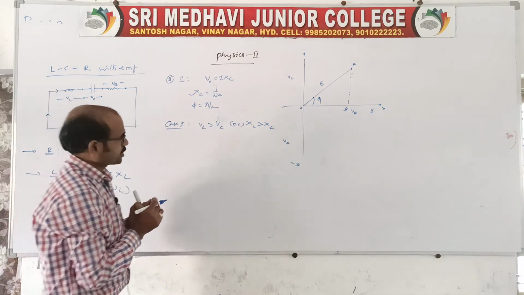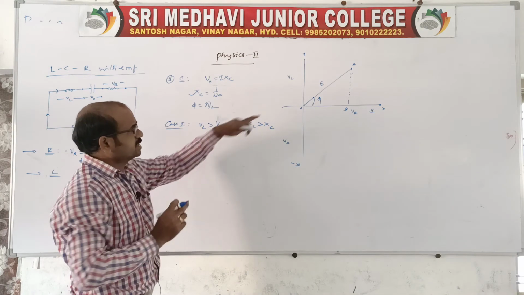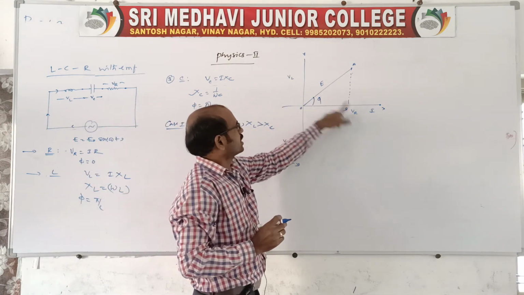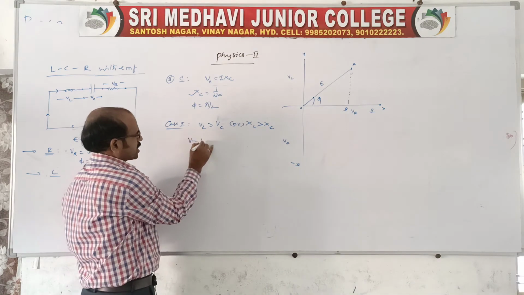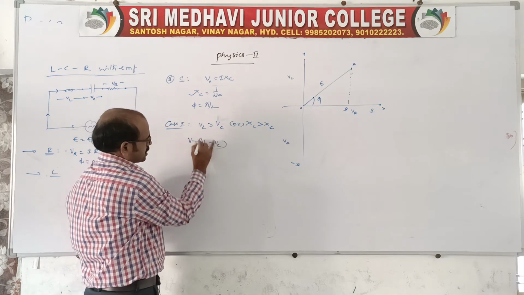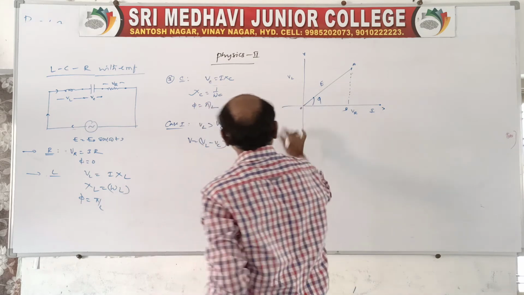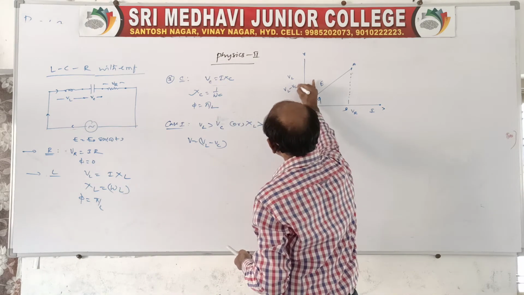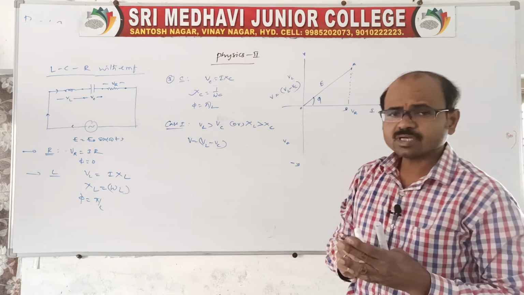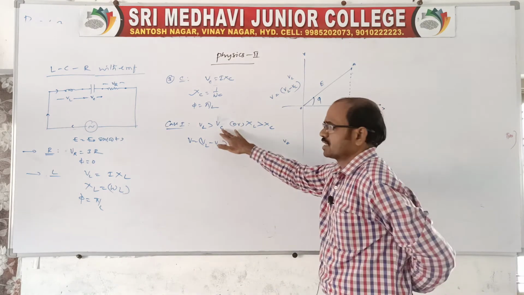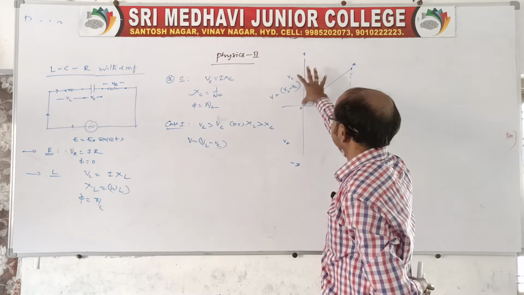Therefore the resultant potential difference will be represented in VR and VL, because the resultant is VL minus VC. Since VL is greater than VC, the graph is represented like this.